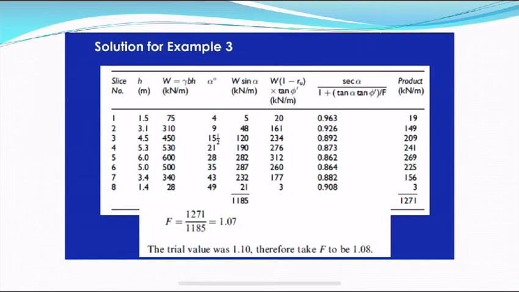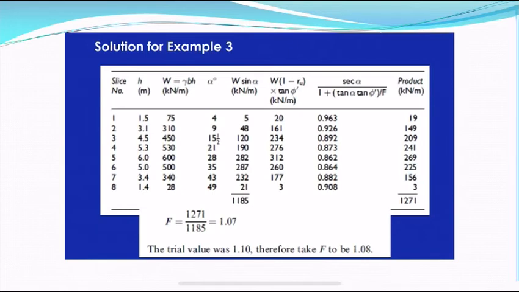With that we can get this particular term, and then compute secant alpha divided by 1 plus tan alpha into tan phi dash by factor of safety, and the product of these is given in this column, and the summation will be 1271.